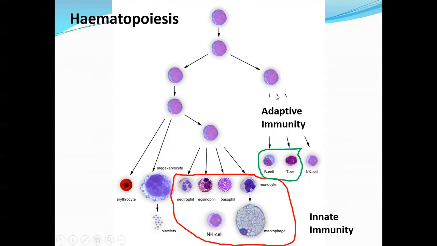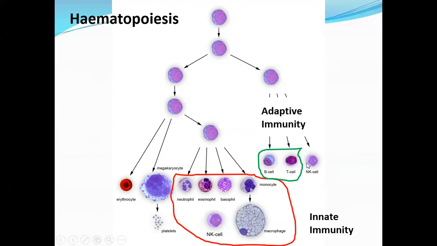Then within the cells of the adaptive immune system, we have the B lymphocytes, which are responsible for making antibodies, and the T lymphocytes, which are divided into two groups, the T helper cells and the cytotoxic T cells.